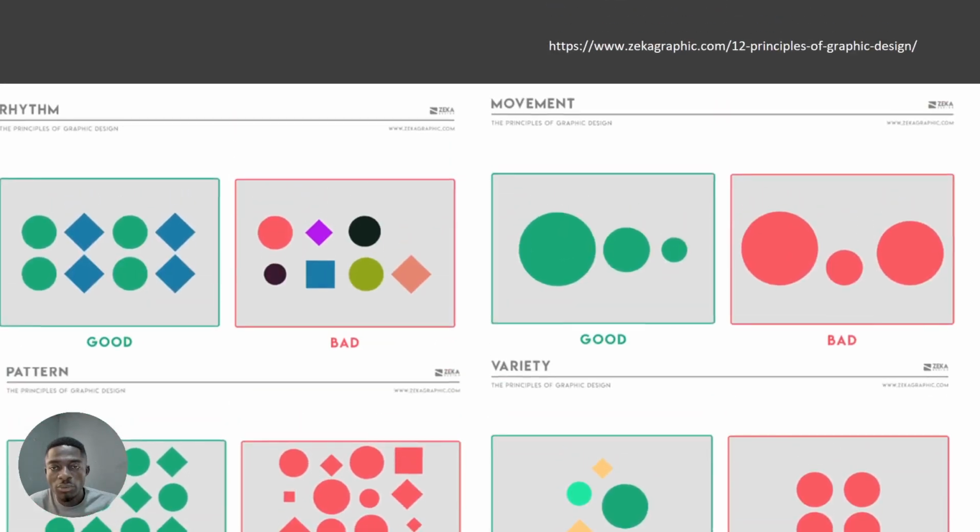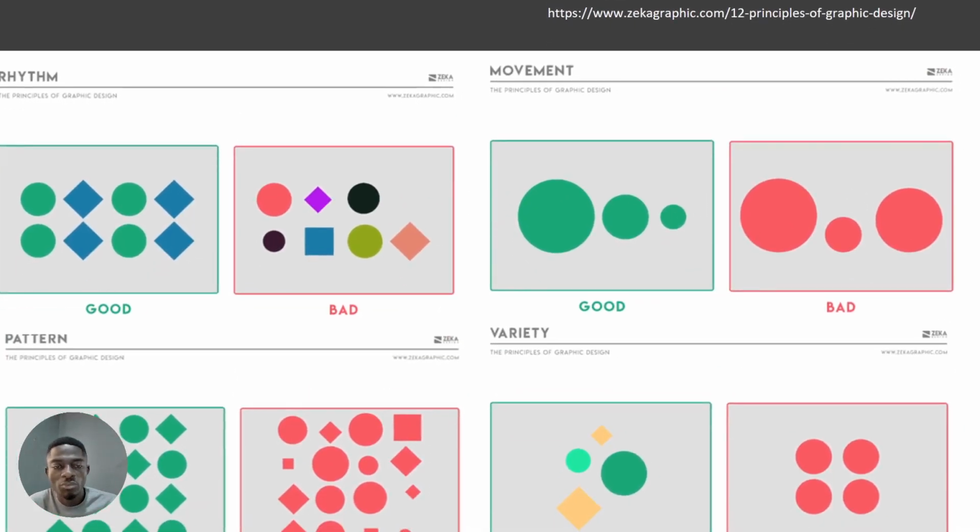Next one, we have movement. What's movement? Movement is where you want to create some illusion of movement within your frame. The movement principle in graphic design refers to how the human eye interacts with your design, and the most important element in your design must be the first thing people see, and after seeing it, your design needs to lead the viewers to the next important element.